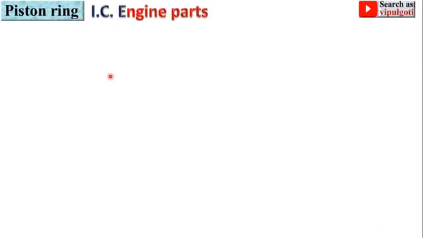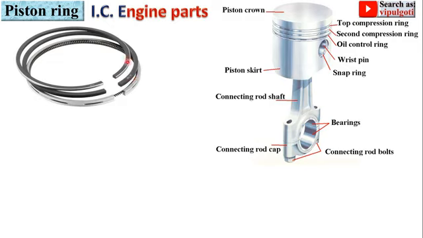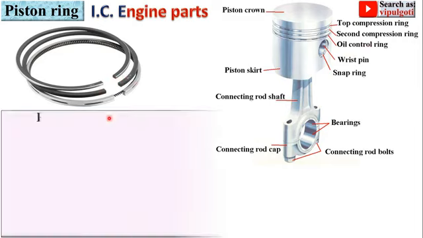Now next part, piston ring. So here you can see piston ring. Topmost piston ring is compression ring and the lower one is called as oil ring. And here you can see generally the compression rings are two in quantity. First one is the top compression ring and this one is the second compression ring. And the last one is the oil control ring.